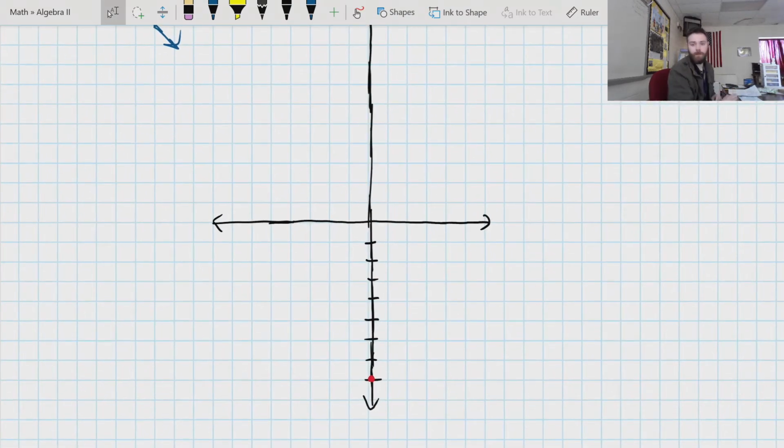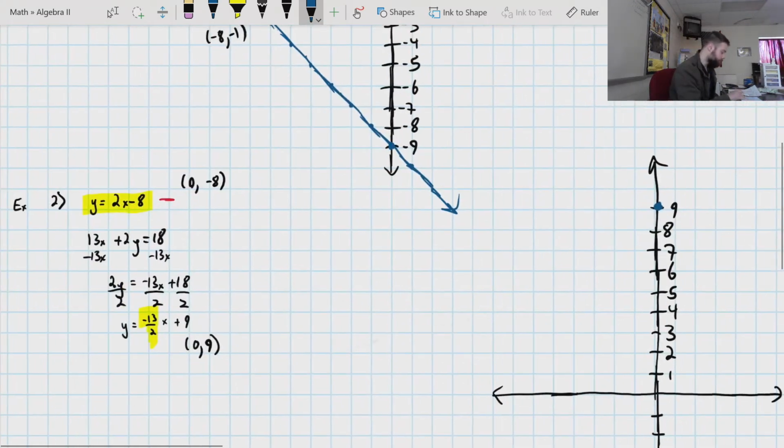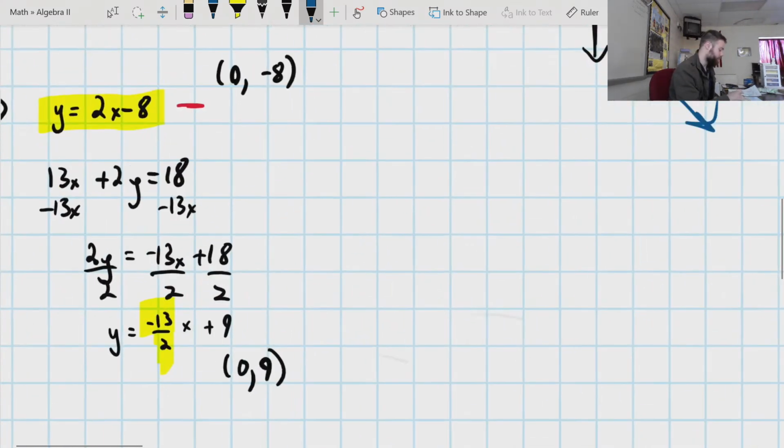I like to use different colors to show that the lines are different, so you can do what you want there, but particularly for me, I like different colors so I can tell the difference between my lines. And so that's my y-intercept there. It's up 9.